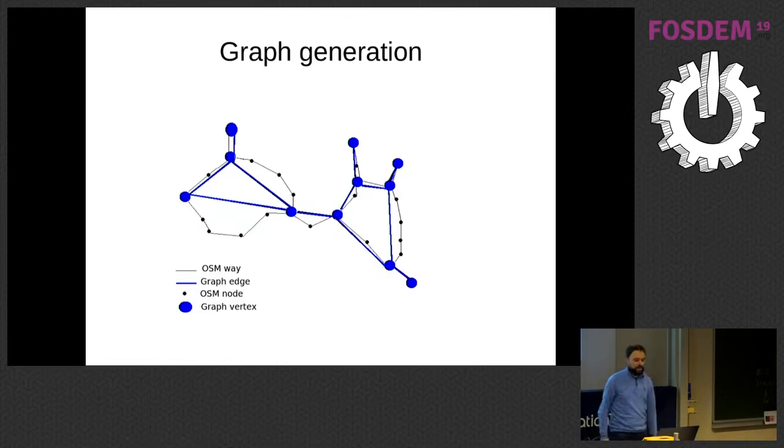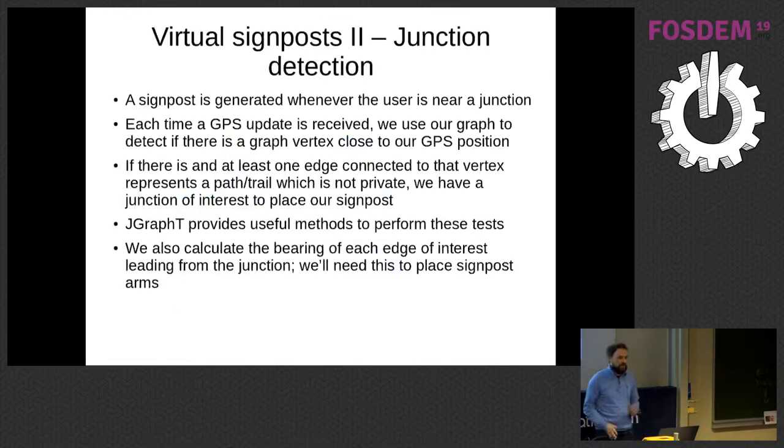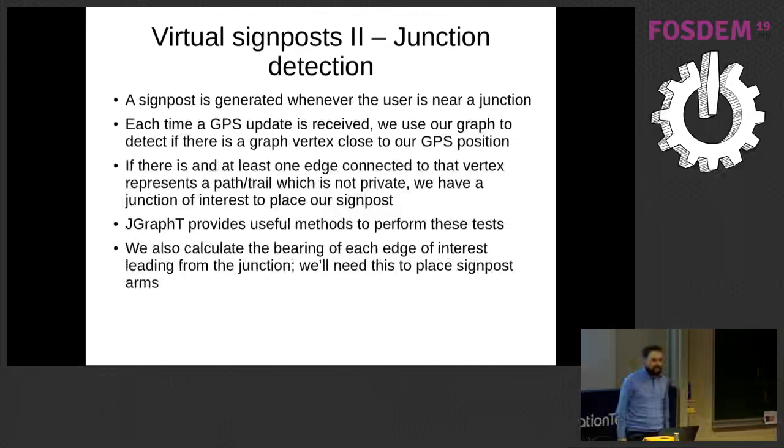Then I do my junction detection. When I get a new GPS position, I look at the graph and see if there is a graph vertex within a certain distance, I think it's 10 meters if I remember right, of my current GPS position.